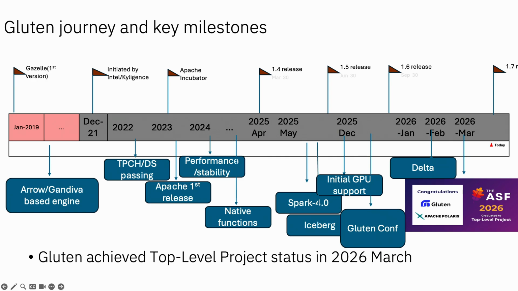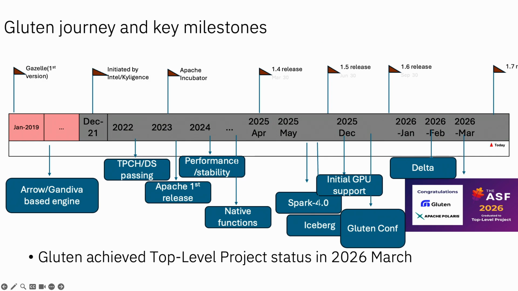This is the journey of the Gluten project. It's been like 5, 6 years. It started from a very small POC in 2019. And then we made some homemade engines based on Arrow and Gandiva. And then we realized the performance and the functionality were not so good. And then we found the Velox project, and we're glad we found it.